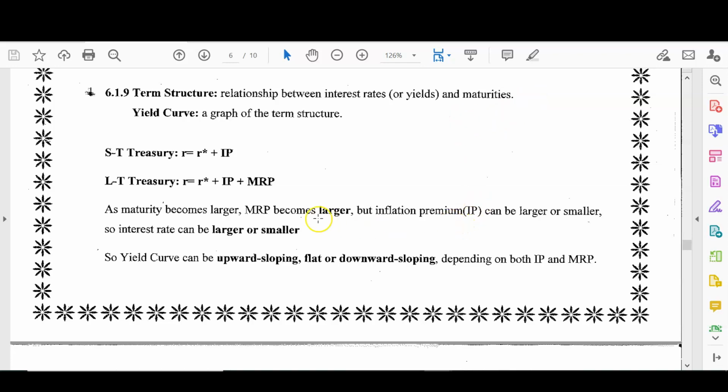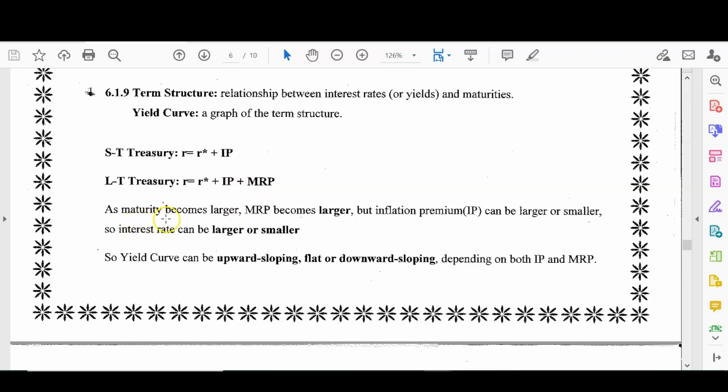Okay, and for short-term treasury, again, the interest rate is just the real risk-free rate plus inflation premium. For long-term treasury, it is just the real risk-free rate plus inflation premium plus MRP. For treasury bonds, whether short-term or long-term, we do not have DRP or LP, but we do have MRP for long-term bonds.